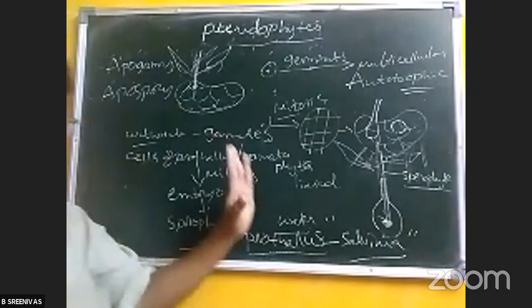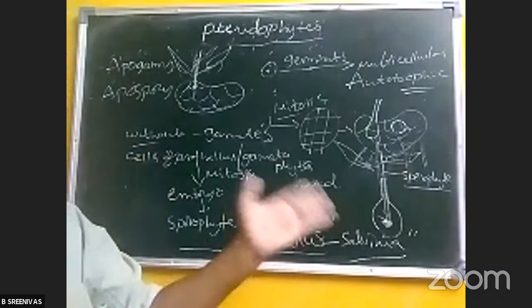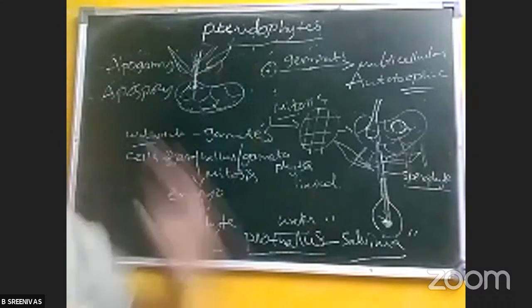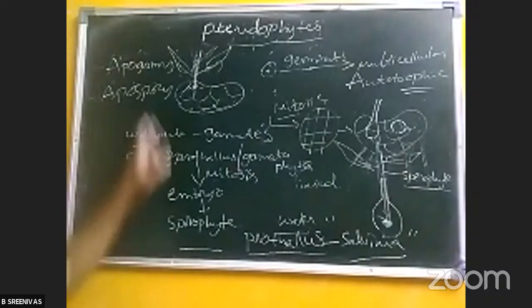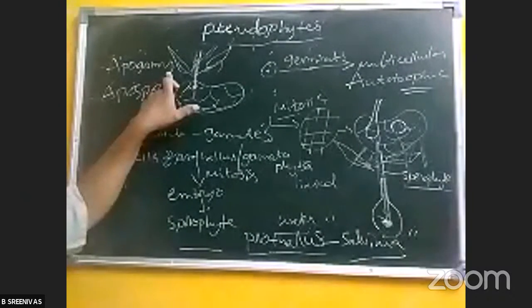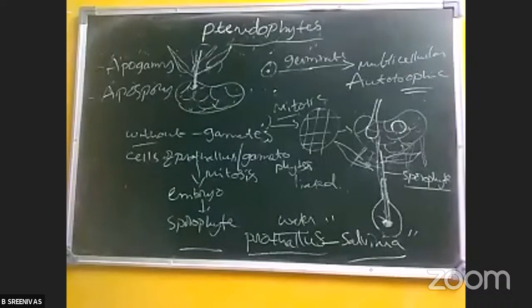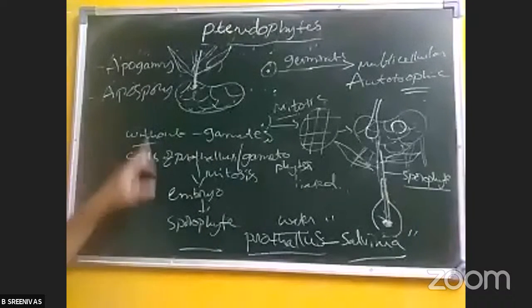apogamy. Apogamy means the process of development of sporophyte directly from the gametophyte without formation of gametes. You write down: apogamy means development of sporophyte from gametophyte.